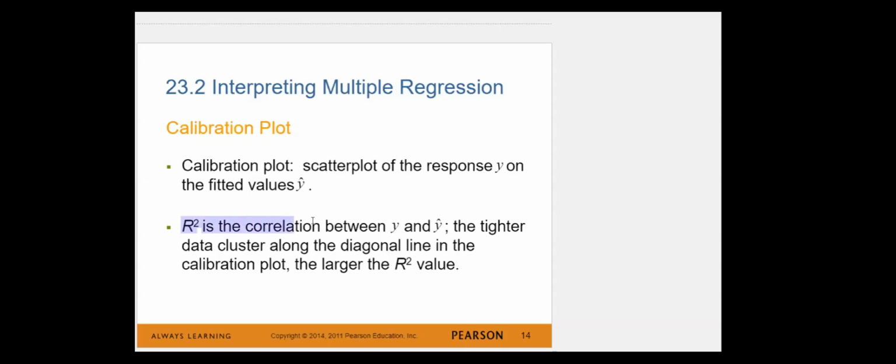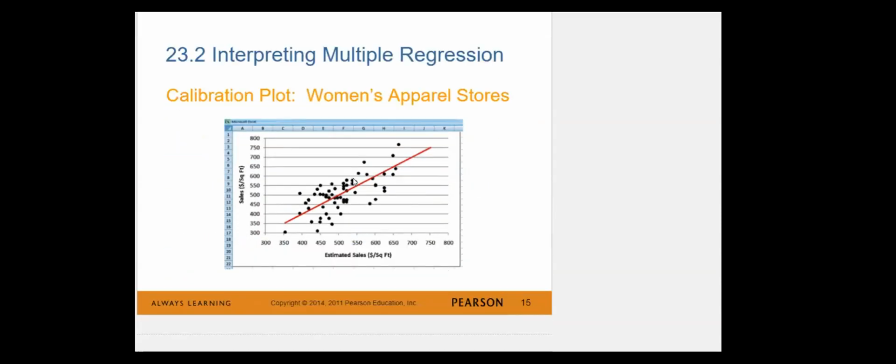So the R square is the correlation between Y and the Y hat. The tighter the data cluster along the diagonal line in the calibration plot, the larger the R square. And the larger the R square, of course, the higher the percentage of variation explained in your response variable. So you can see that there's pretty much a good fit.